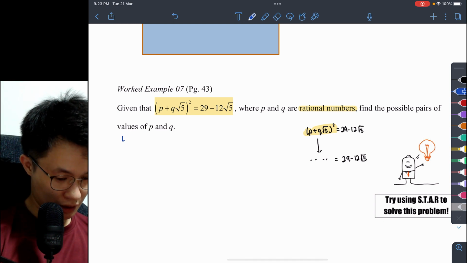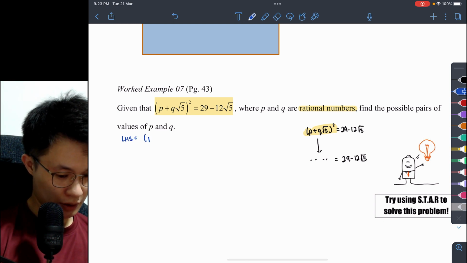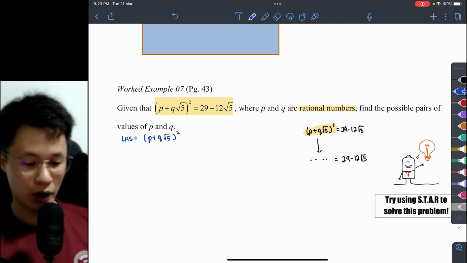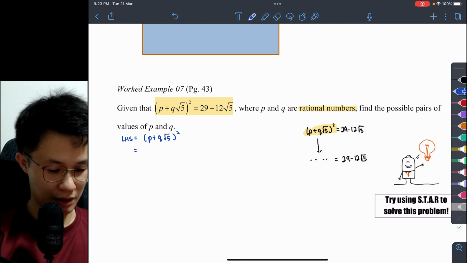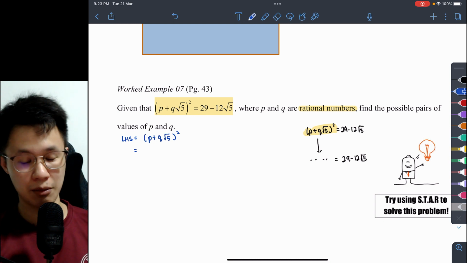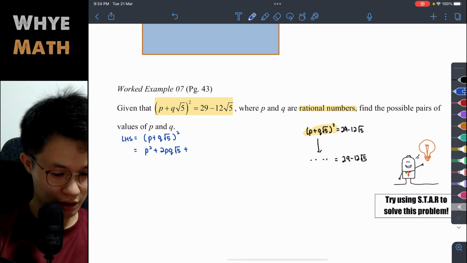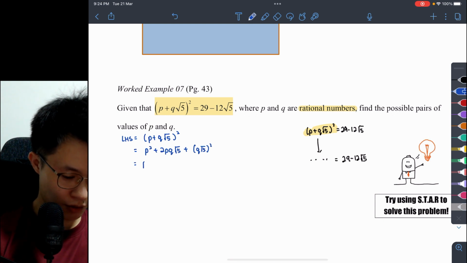So I'm going to start with the left hand side, which is simply p plus q square root 5, bracket squared. Okay, you cannot just compare now because of this square, because if you do that, it doesn't really make sense. If you apply the identity of a plus b bracket squared, you'll get p square plus 2pq square root 5 plus q square root 5 squared, and then you will have p square plus 2pq square root 5 plus 5q square.